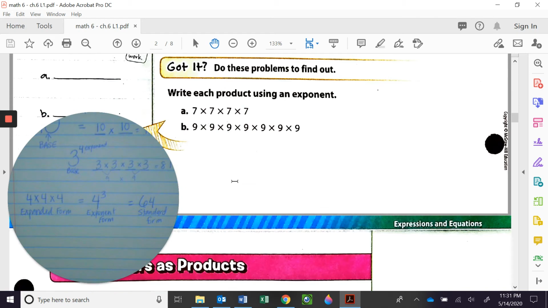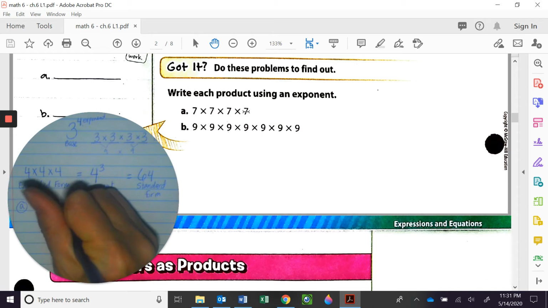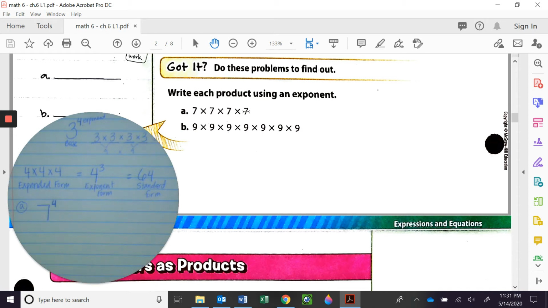It says write the product of each using exponents. If you look at letter A, the base is 7 because that's the number being repeated. Then you count how many there are: 1, 2, 3, 4. So there are 4 7s, and there's your answer.